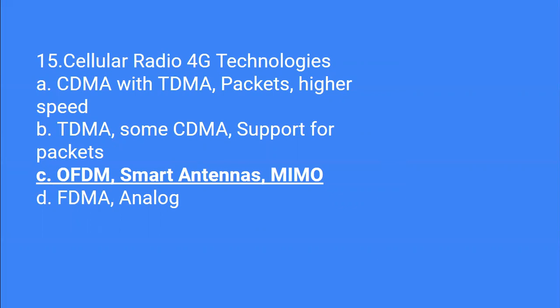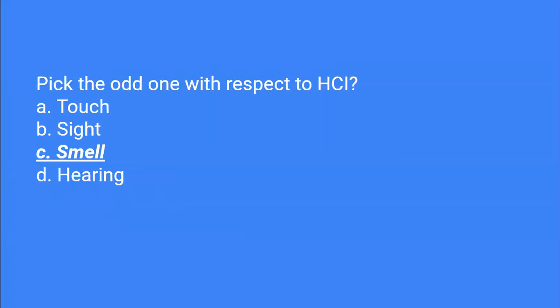The options are CDMA with TDMA, packets, higher speed, TDMA, some CDMA support for packets. Option C is OFDM, smart antennas, MIMO. Option D is FDMA, analog. The answer is option C, OFDM, smart antennas, MIMO. These are the cellular 4G technologies.